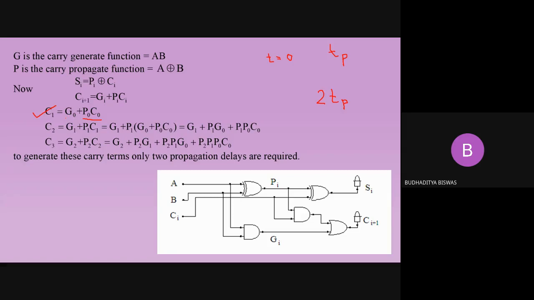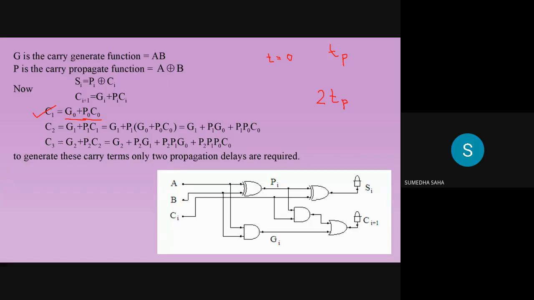And how to generate G0 plus P0 C0? Which gate is required for this plus sign? A 2 input OR gate. Very good. So here we require 2 TP time to generate the C1 term. 1 TP we generate P0 C0, and in the next step we give the inputs to a 2 input OR gate, which requires another TP.